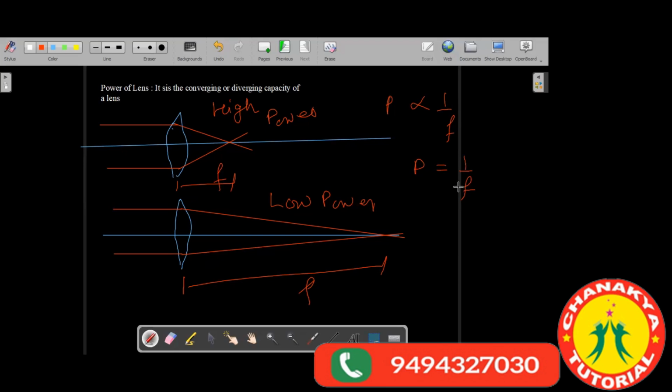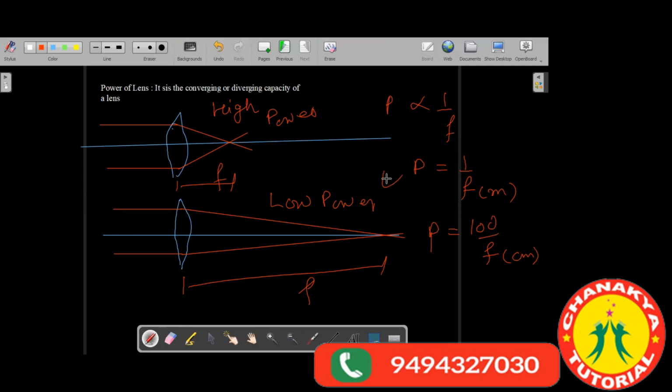Power is measured as 1 by f, where focal length has to be given in meters. If you are taking f in centimeters, you use the formula P equals 100 by f. Or if you are taking f in meters, you use power equals 1 by f.